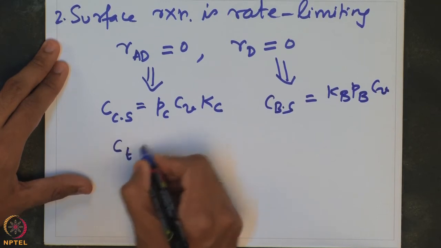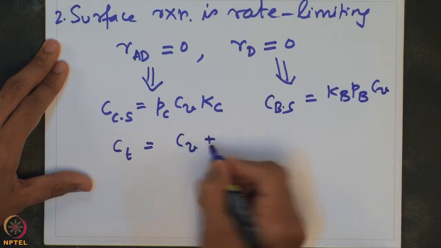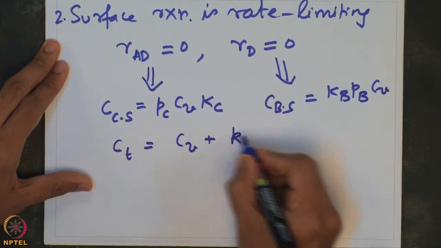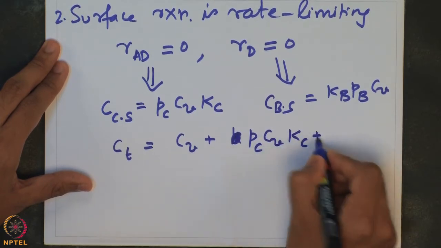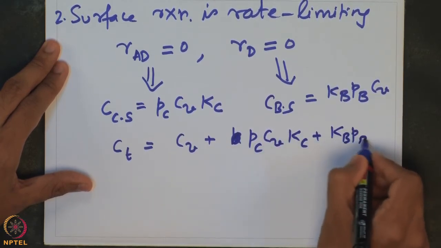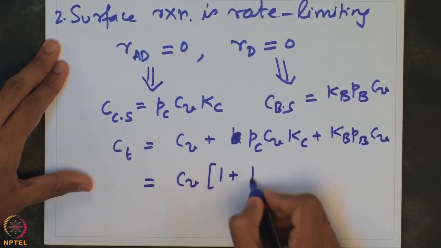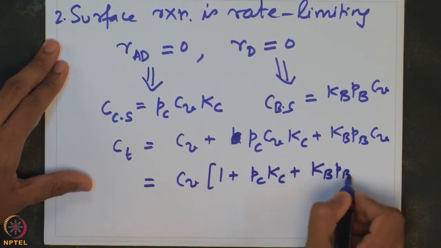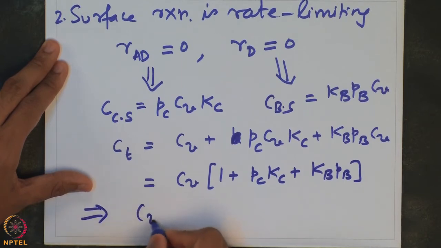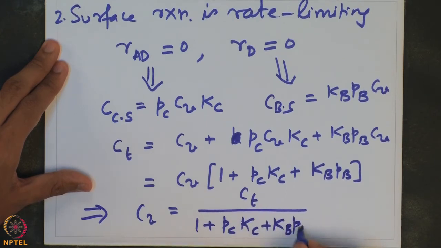So from here we can substitute in the conservation rule. That will be Cv plus Pc Cv into Kc plus Kb Pb into Cv. So that should be equal to Cv into 1 plus Pc into Kc plus Kb into Pb. So from here Cv is equal to Ct divided by 1 plus Pc Kc plus Kb into Pb.